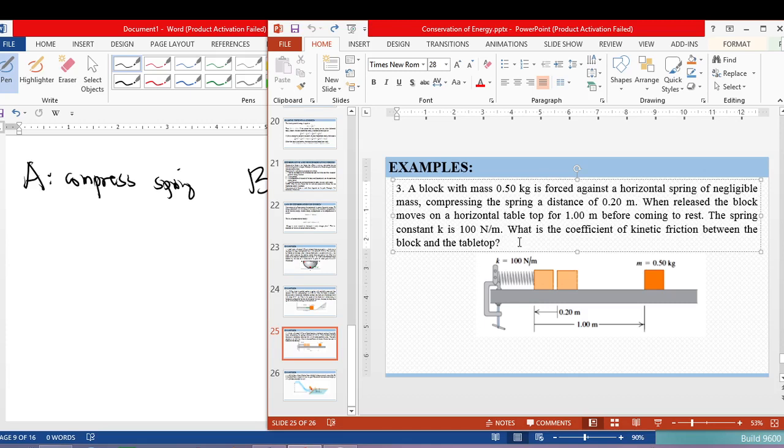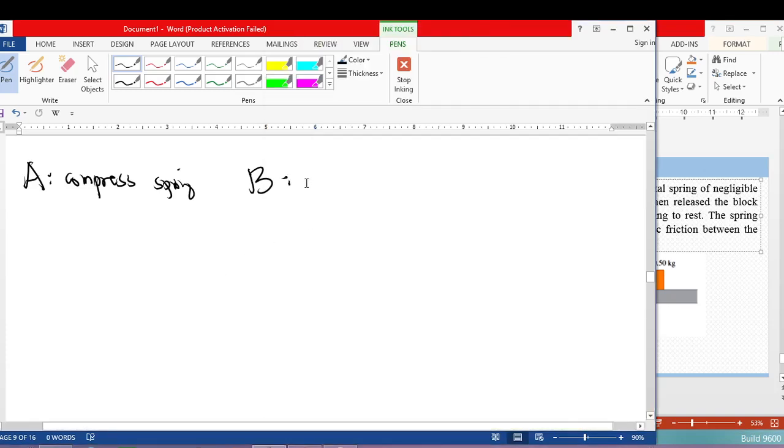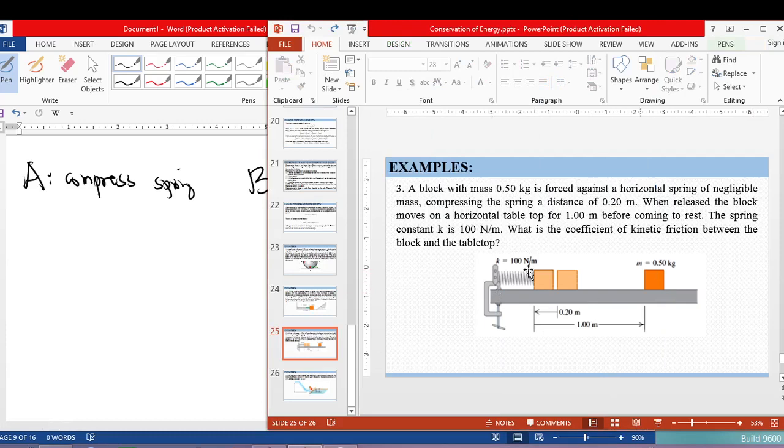What is the coefficient of kinetic friction? So it has nothing to do with speed. So basically, we just stay at event B, when your block stops. So we let event B be when the block stops. Now it is not frictionless, it has friction, and it also has elastic energy or a spring.